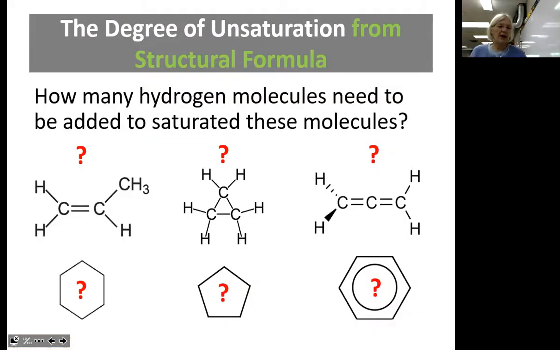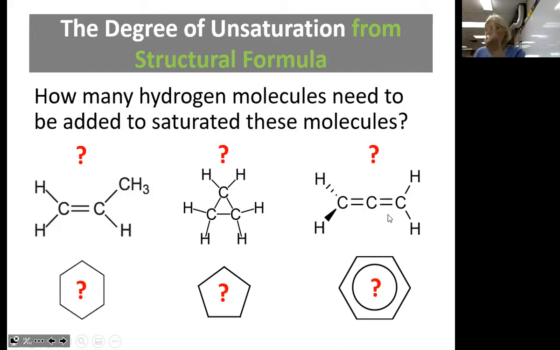So, how many hydrogen molecules have to be added to saturate these molecules? Here you have a double bond. That would require one hydrogen molecule to saturate. Here you have a ring. That would require one hydrogen molecule to saturate. Here you have 2 double bonds.